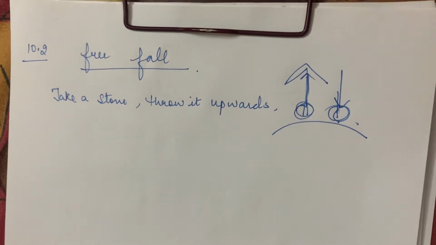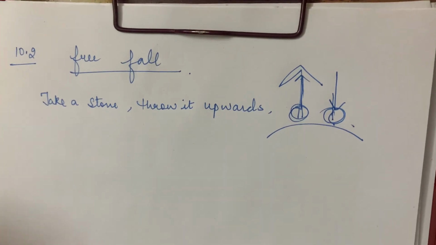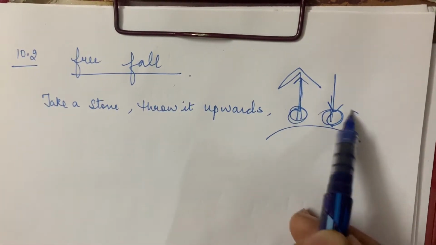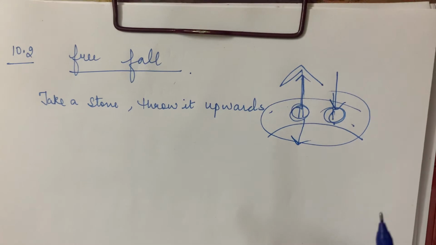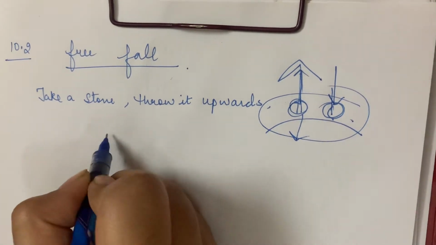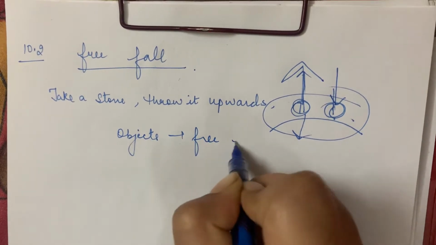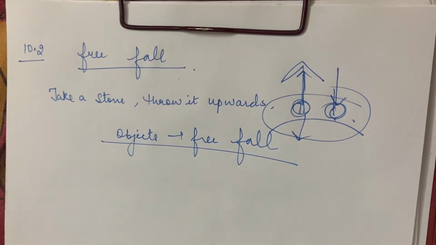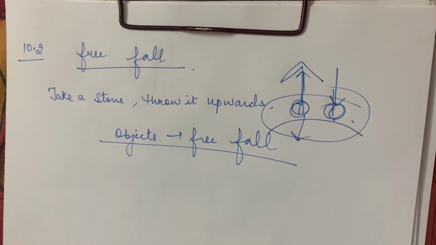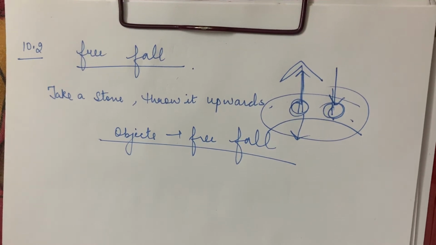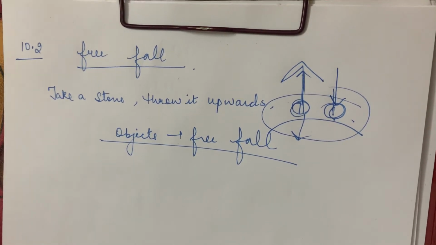Whenever objects fall towards the earth under this kind of force, that is gravitational force, we say that the objects are in free fall.